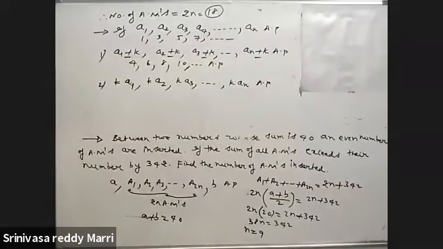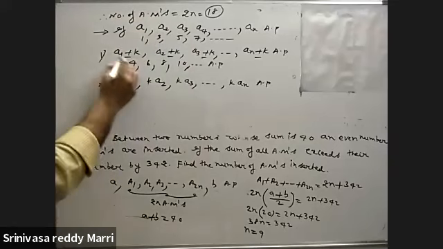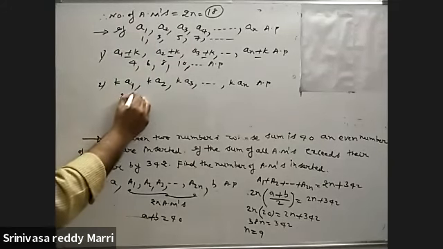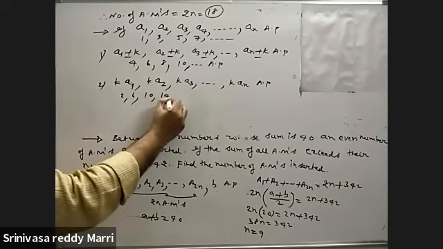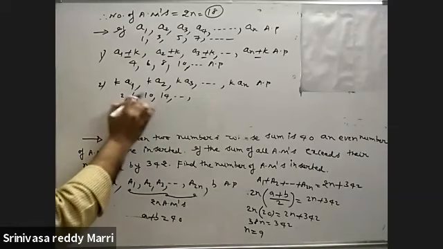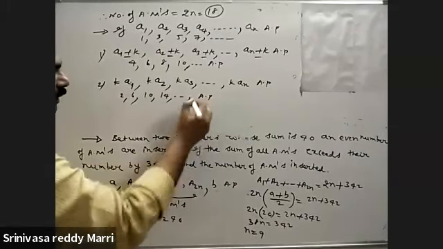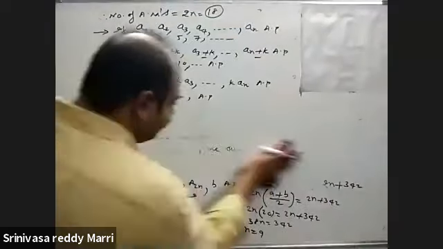For these numbers, I'm multiplying with 2. 2, 6. For all the numbers, I must multiply. Look at 6 minus 2, 4. 10 minus 6, 4. These are forming what? AP. That means if all the numbers are multiplied by K, then the resulting numbers will also form an AP.